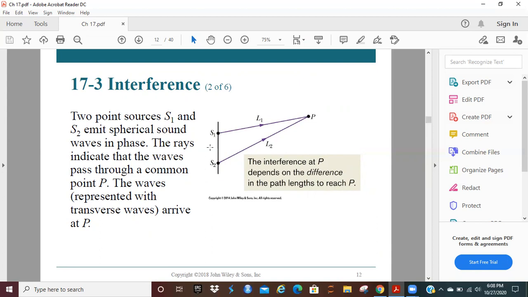They're both going to arrive at point P. Remember, the waves are coming out in circles, and L1 is the ray that connects them. The same thing is happening at S2, and they're going to both end up at this particular point P. So the interference at P depends upon the difference in the path lengths to reach P.